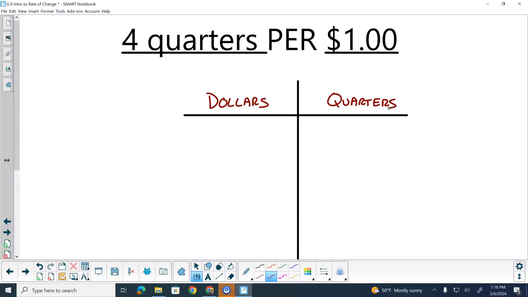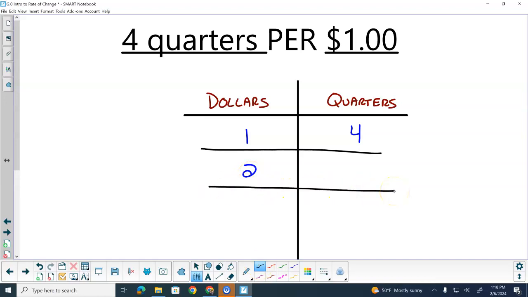Okay. So if I have $1, how many quarters do I have? 1, and I got 4, right? If I have $2, how many quarters do I have? 8. If I have $7, oh, I tricked you there.